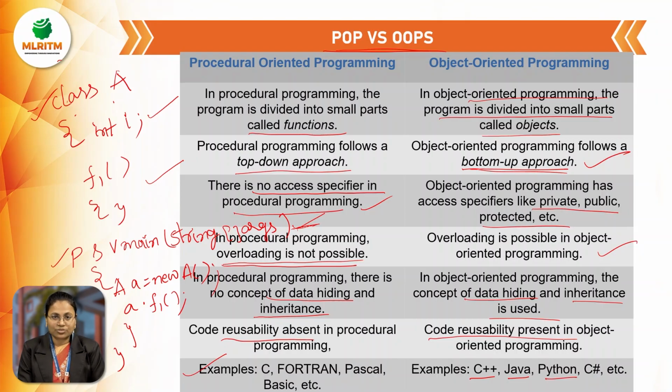For which class is the object created? I have created the object for class A. So it will create an object, and the memory for this object will be loaded inside the heap memory. After that, it will read the statement inside the main method, a dot f1, so we are invoking the f1 method with the help of the object.